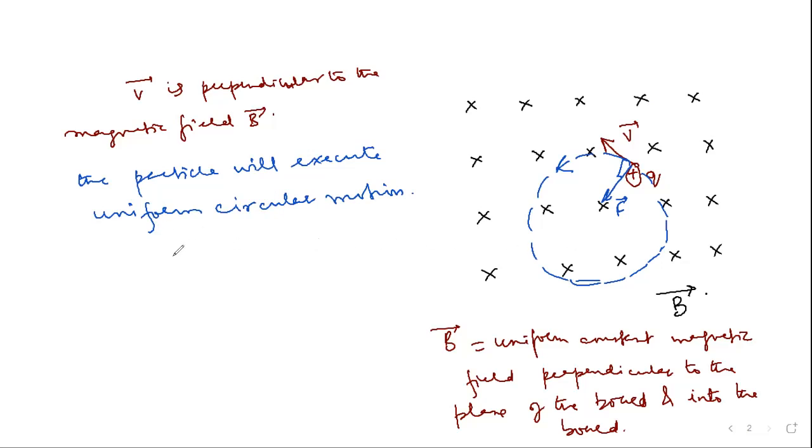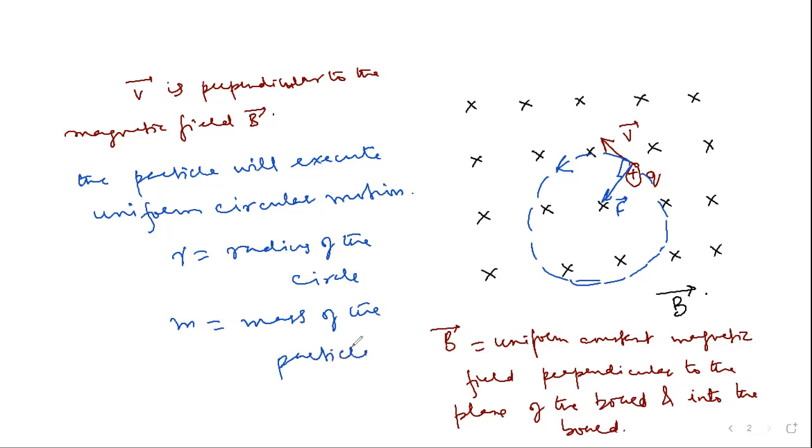Now, if r is the radius of the circle, m is the mass of the particle, right?